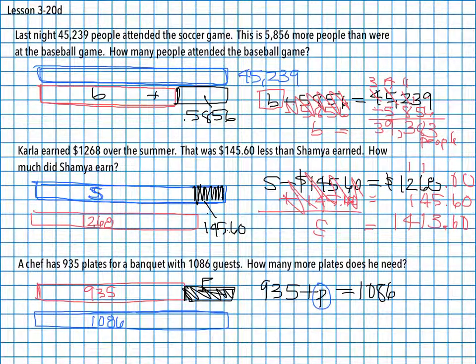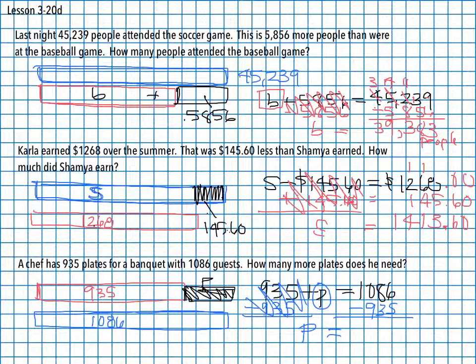How do we do that? We're going to get rid of this number. This is a positive number, so how do we get rid of 935? We're going to subtract 935. Whatever I do on one side of the equal sign, I'm going to do to the other. This is going to cancel each other out, and we are going to be left with P.